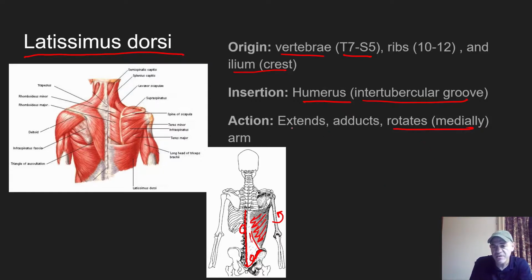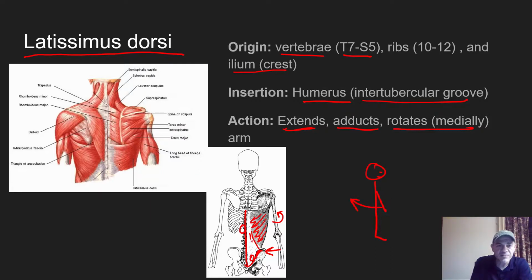The other thing this muscle can do is extend the arm, and that means to pull the arm straight back, and it can also help adduct, which means to pull the arm inward against the body. So recall that the extension is going to be if you pull the arm straight back along the sagittal plane.